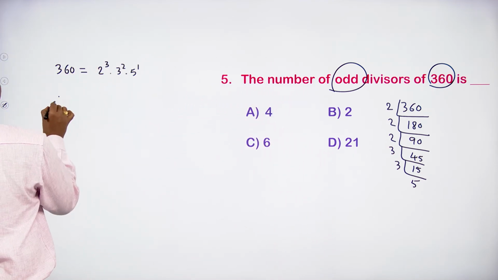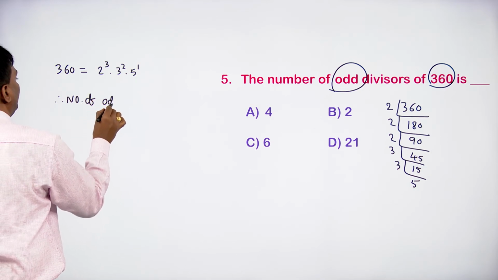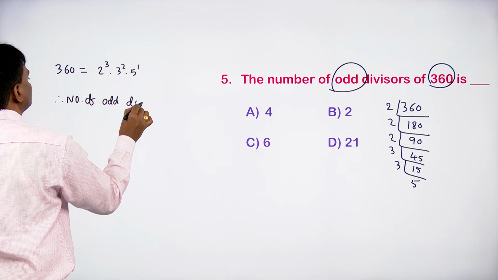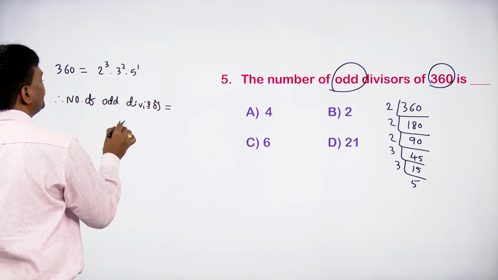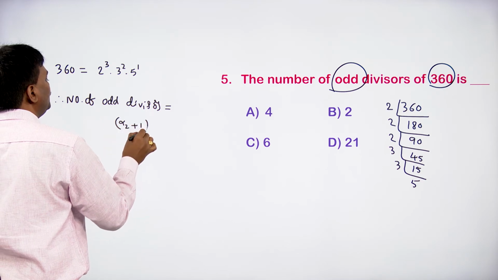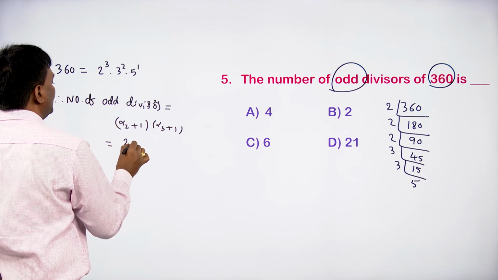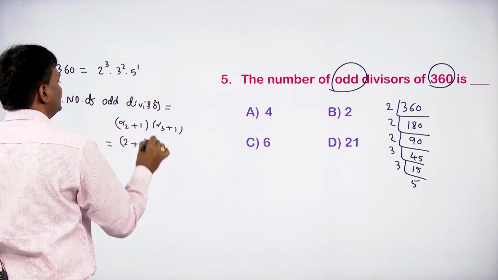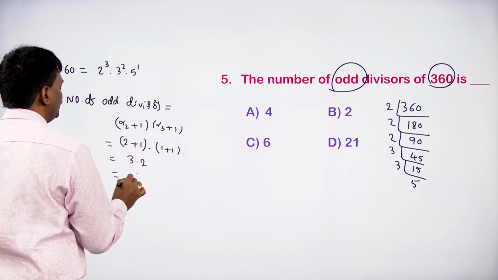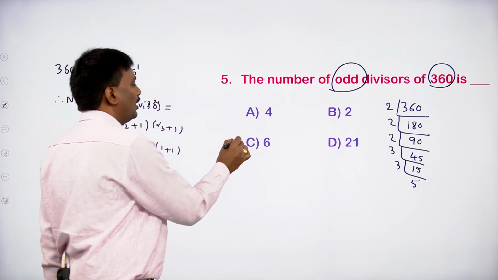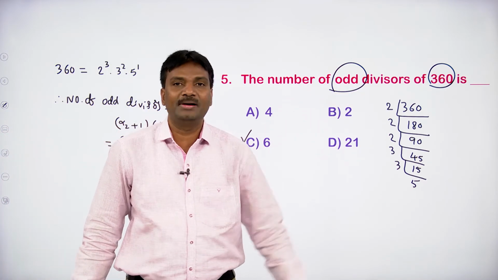Therefore, the number of odd divisors of 360 equals, by the formula, alpha 2 plus 1 into alpha 3 plus 1, which is 2 plus 1 into 1 plus 1, 3 into 2, that is 6. So option C.